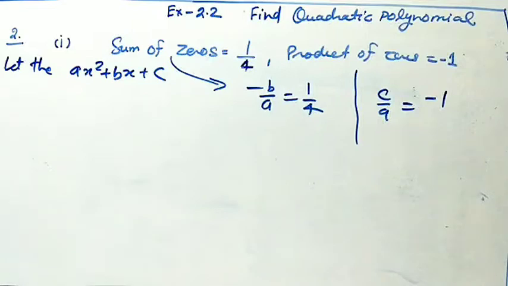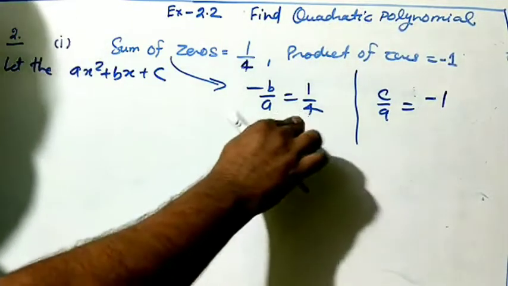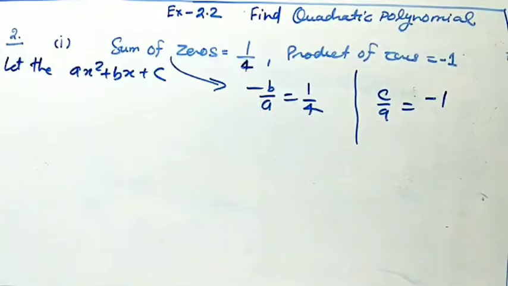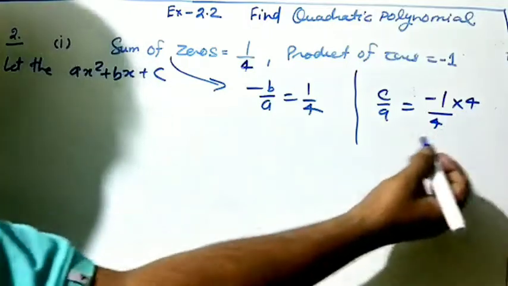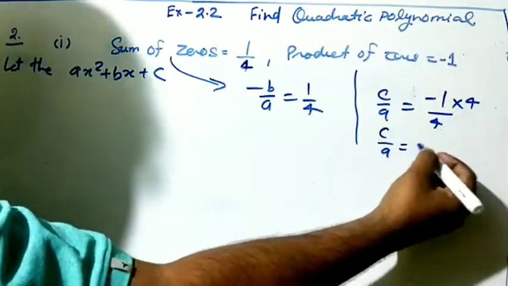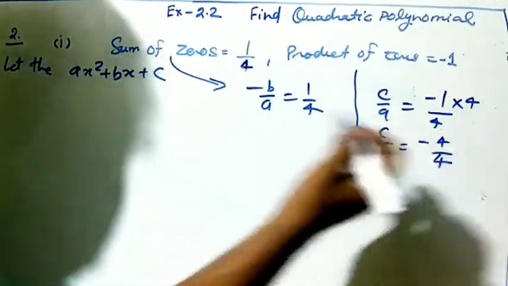First of all, we will make the same denominator. Here the denominator is 4, and multiplied by 4 here and here. So c upon a will be minus 4 upon 4.